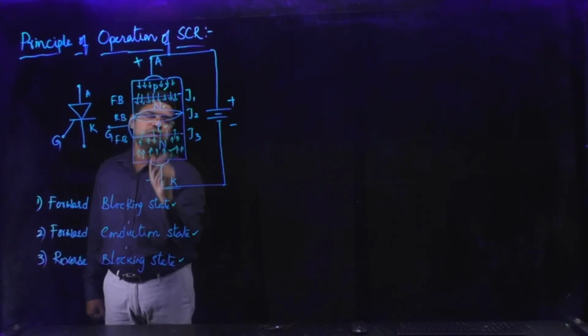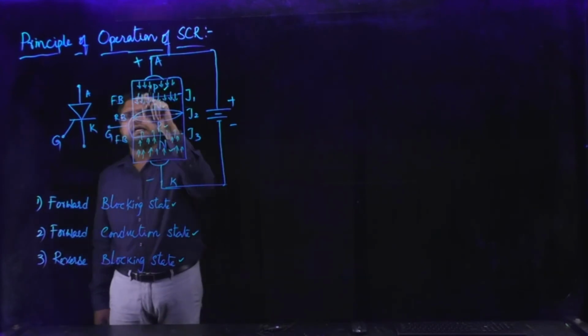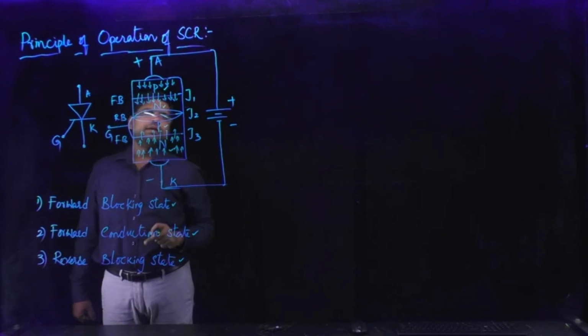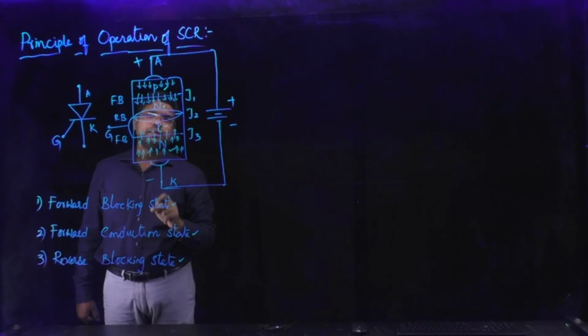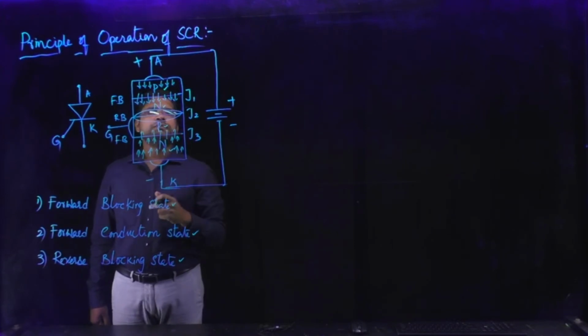Then we can call it forward bias. So at these two junctions there is forward bias, whereas junction J2 forms a depletion layer. Why does it form a depletion layer?